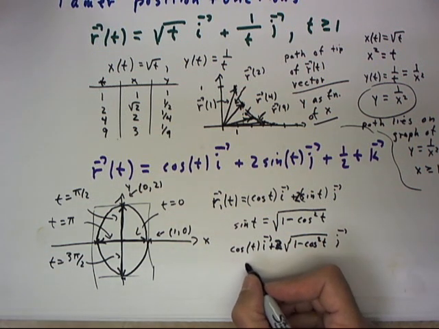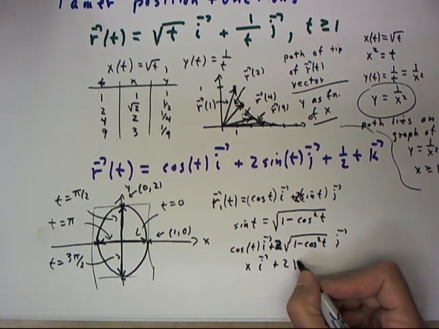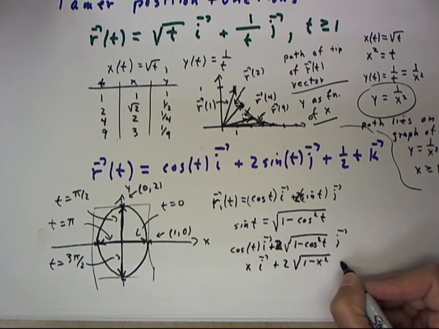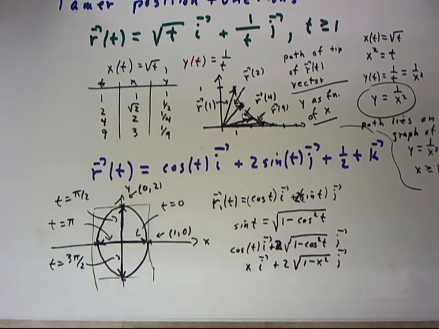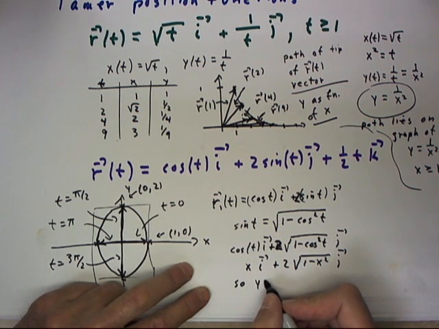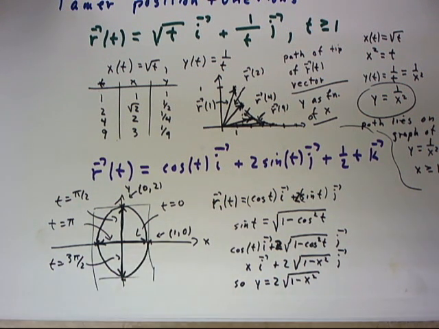Cosine of t is just x, so that's x i plus 2 times the square root of 1 minus x squared j, meaning y is 2 times the square root of 1 minus x squared.